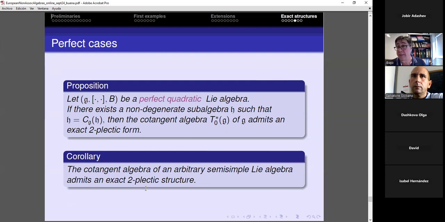And obviously that two-plectic structure, in general, I think it is never exact. Now I am not sure, but I think it is never exact. But here we see that in those cases we can also have exact structures.